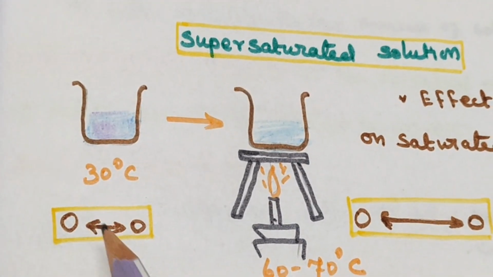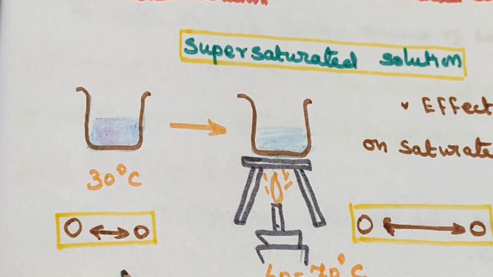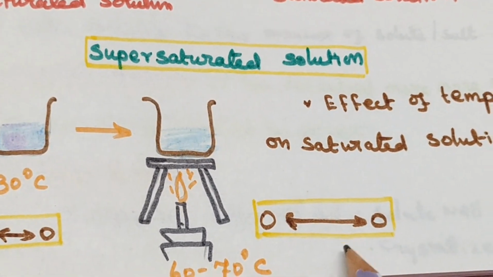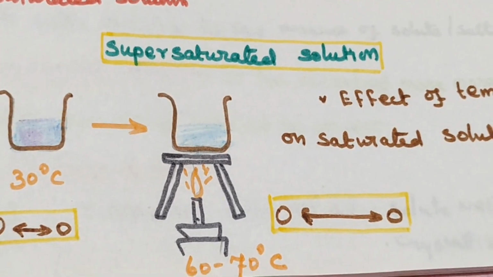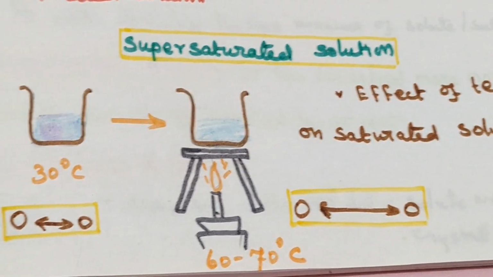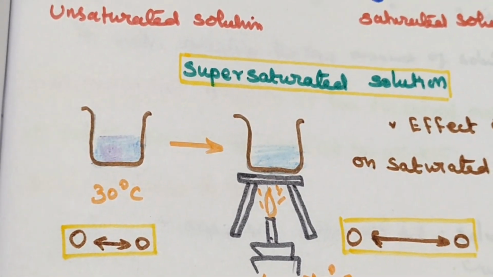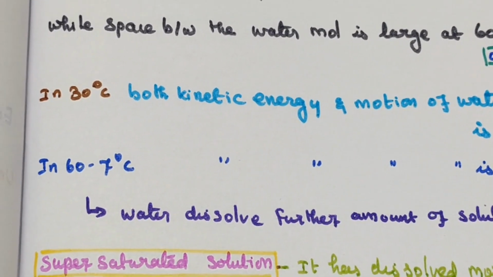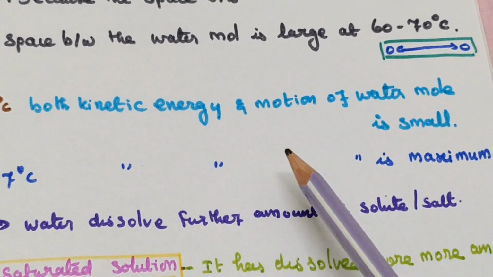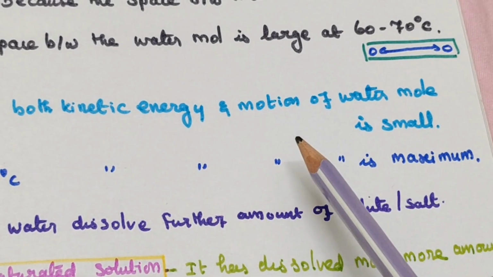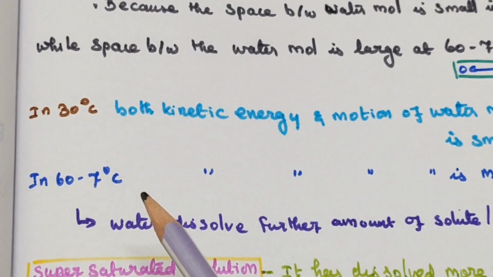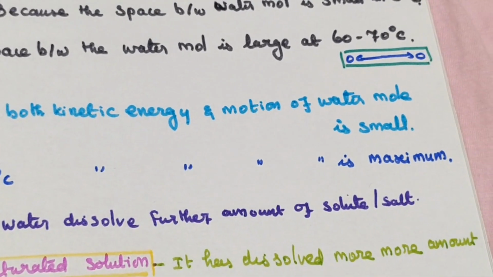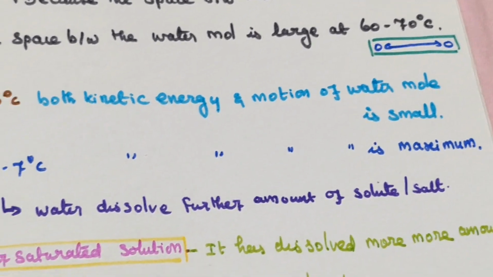Here the space between water molecules is small. At 60 to 70 degrees Celsius the space between molecules is large, and at 30 degrees Celsius it is small. At 30 degrees Celsius, both the kinetic energy and motion of the water molecules are small. At 60 to 70 degrees Celsius, both are maximum.